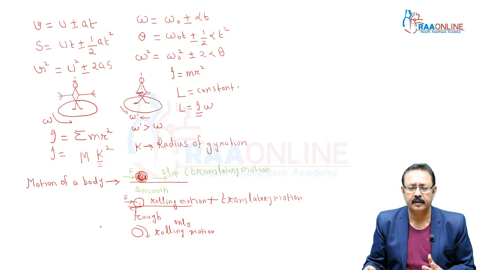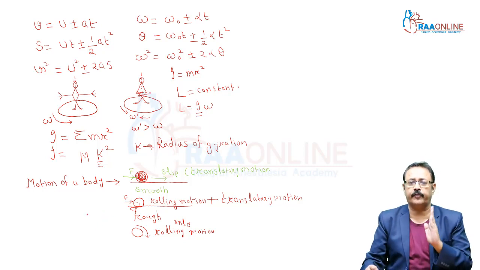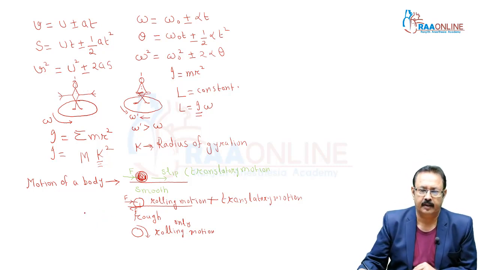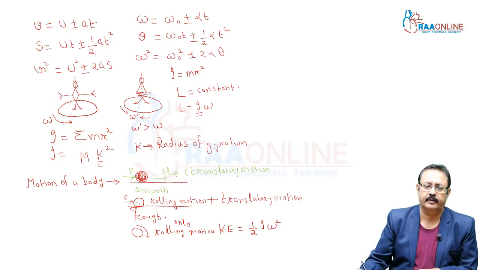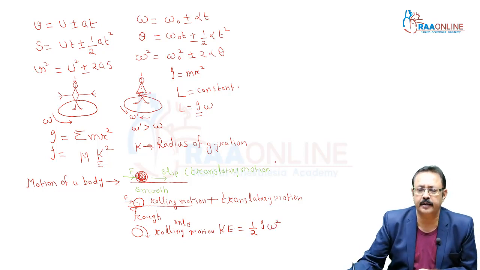So it means there are two types of kinetic energies. In purely rolling motion, kinetic energy should be half I omega square, where in place of m, I is playing, and in place of v, omega. In purely translatory motion, you will get half mv square.